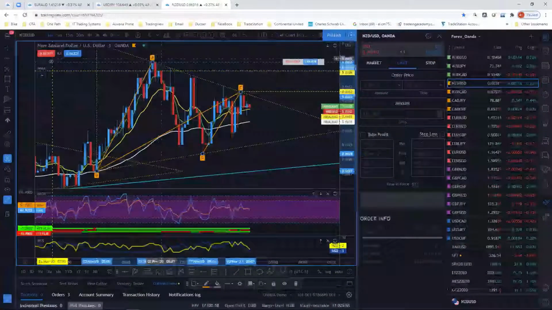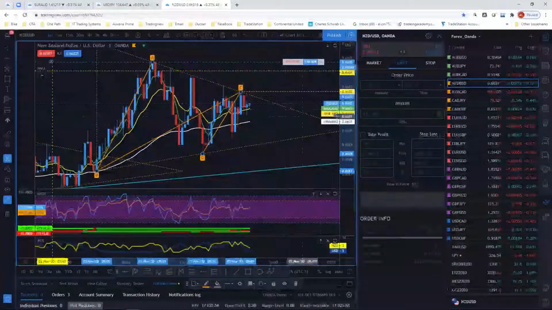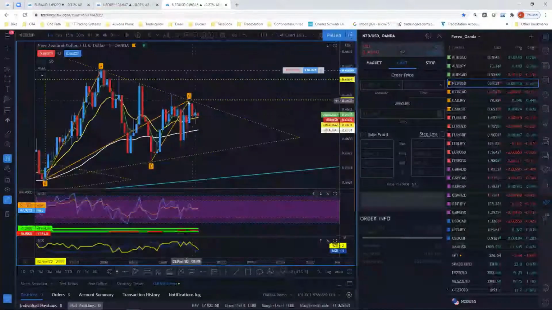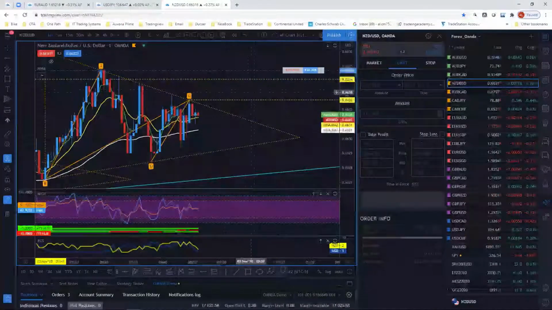So here's a low, here's a high, here's a higher low, here's a lower high, still forming a wedge, still inside this triangle right here. A break above the C could possibly get us going.